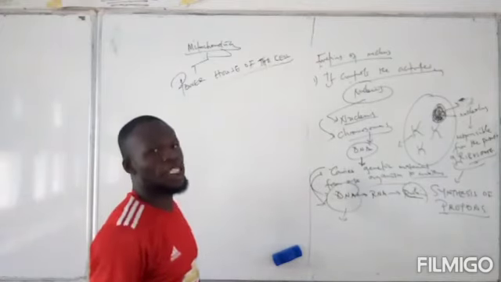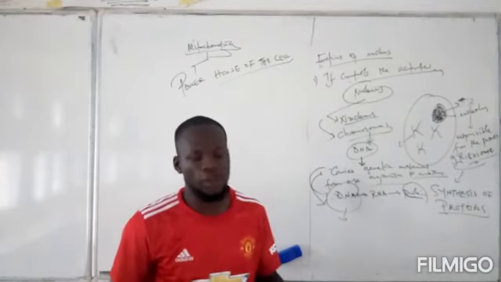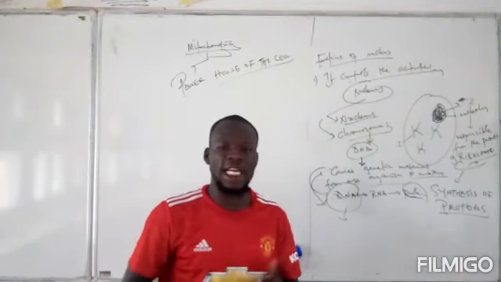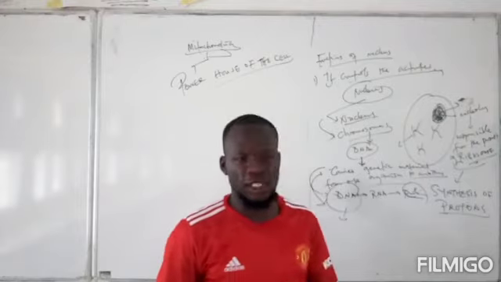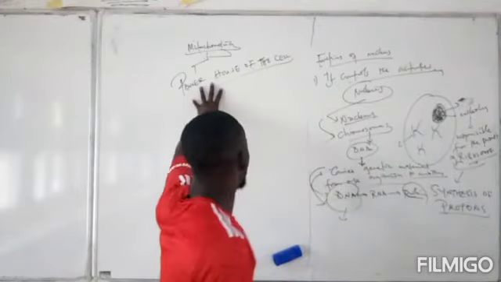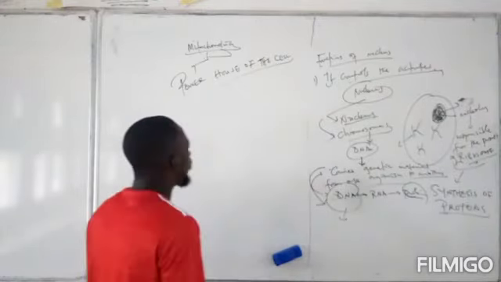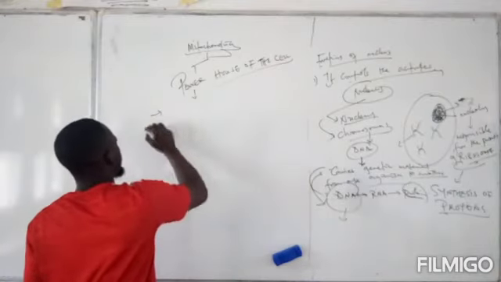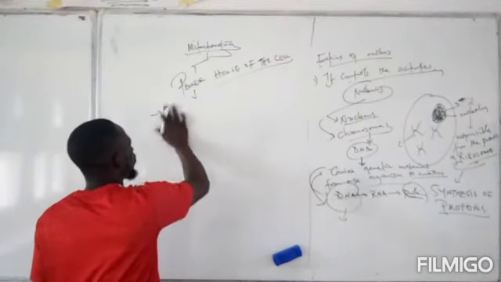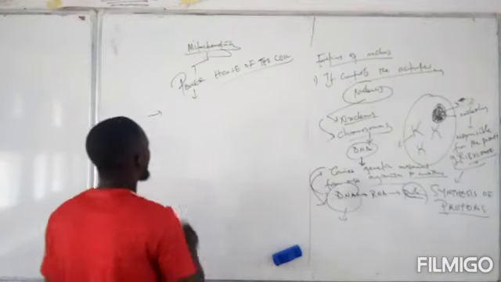And the question is, why is it considered as the powerhouse of the cell? All power, all energy generated in the cell are being gotten from the mitochondria. The mitochondria is the site for ATP production in the cells of an organism.